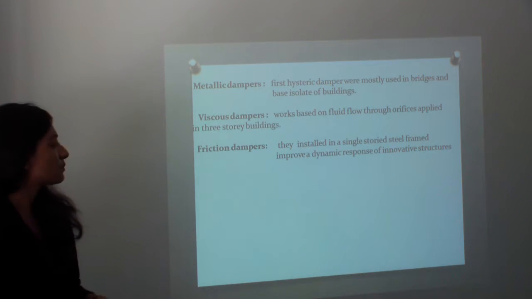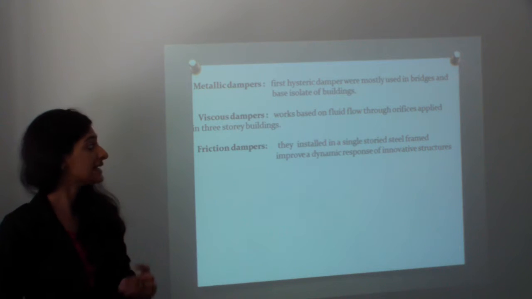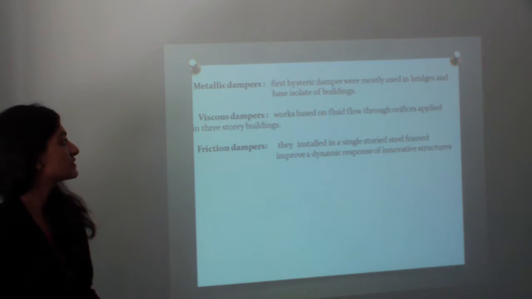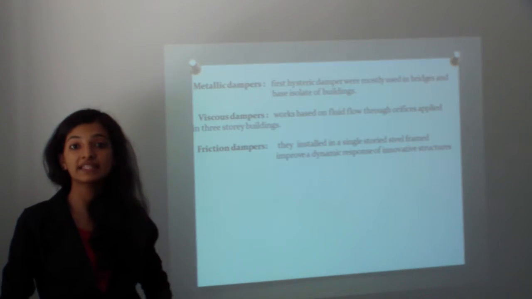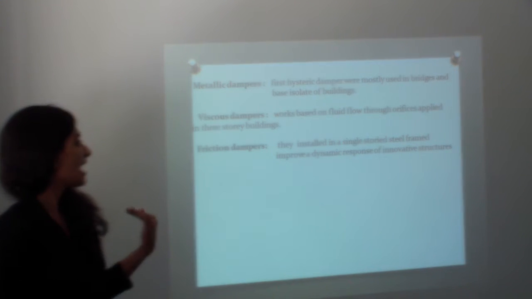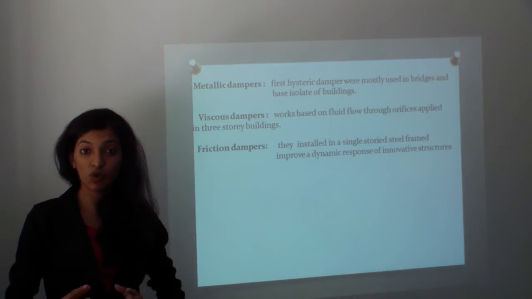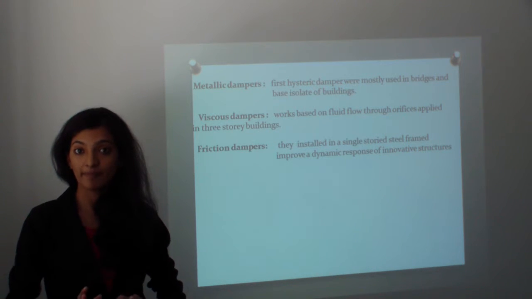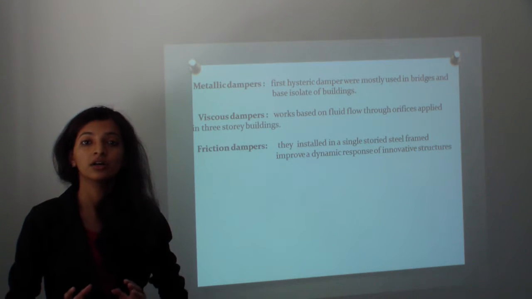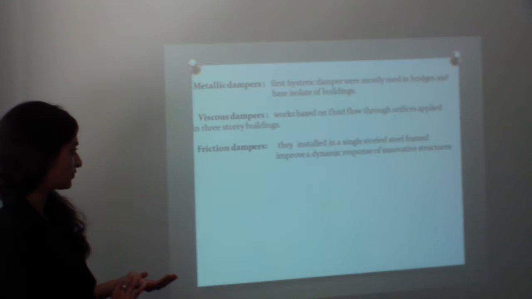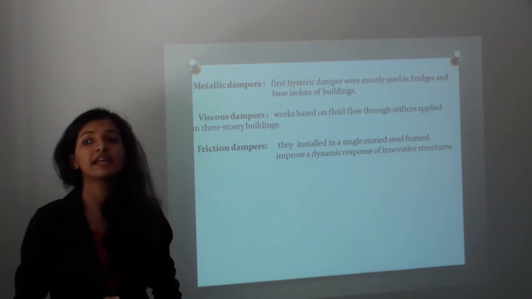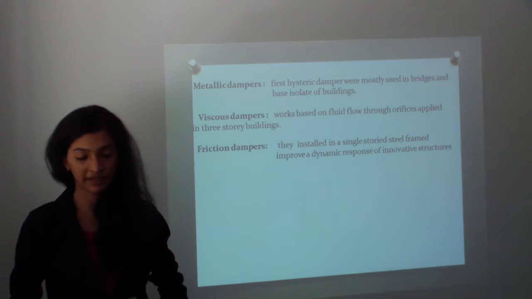Coming to the part of metallic dampers. Metallic dampers are mostly used on bridges and base isolated buildings. And about the viscous damper, they work on the principle of rapid flow through the orifice, and they are mostly applied in 3-storied buildings.